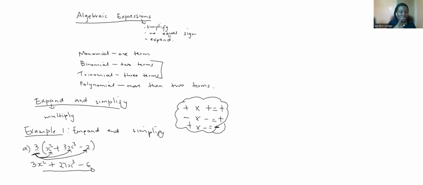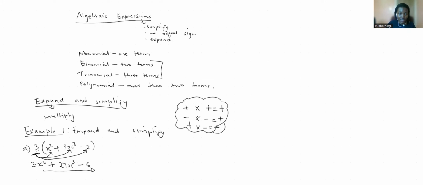Okay, now let's look at the second one. Here, you multiply a monomial by a trinomial. Remember, a monomial is 1 term, a trinomial is 3 terms. I want you to remember that terms are separated by a plus and a minus.